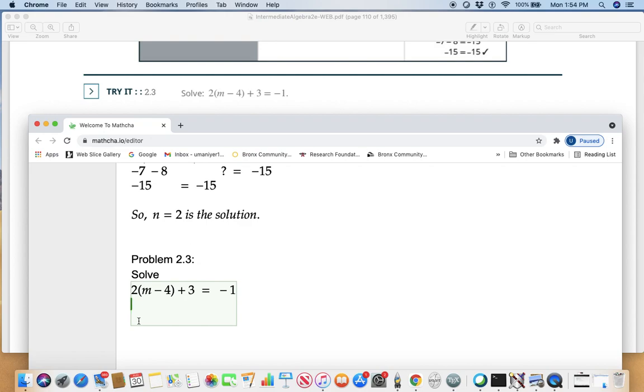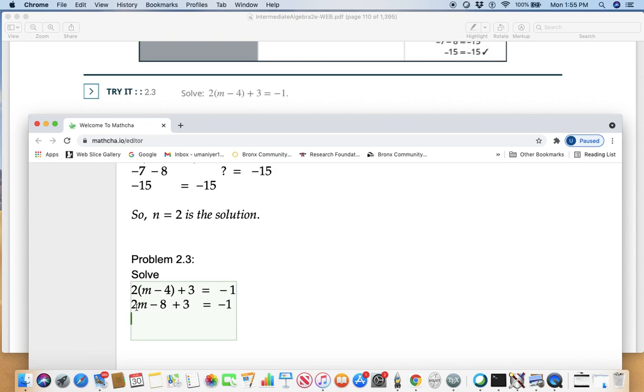So simplify the right hand side, simplify the left hand side. To simplify here, I will just distribute the multiplication first: 2m minus 2 times 4 is 8, plus 3 equals negative 1.